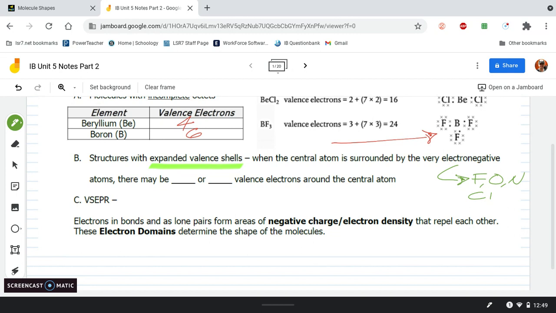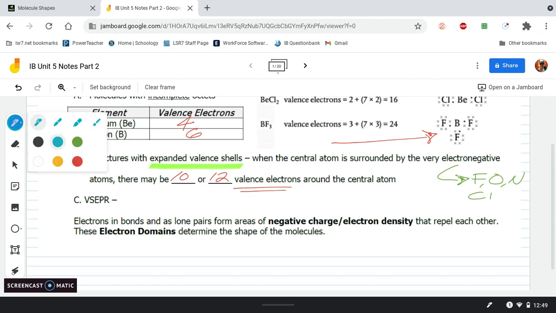You could have 10 or 12 valence electrons. You could have something in the middle with 1, 2, 3, 4, 5, 6 attachments, which would be 12 electrons. So you're going to see things that break that magic rule of 8. It's still a very good rule and works most of the time. It's just that, like a lot of things, we have exceptions, and this is one of them.